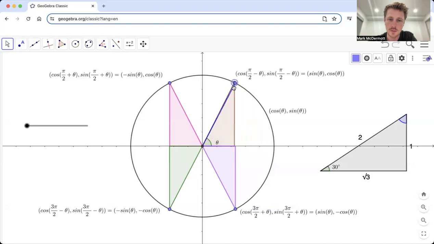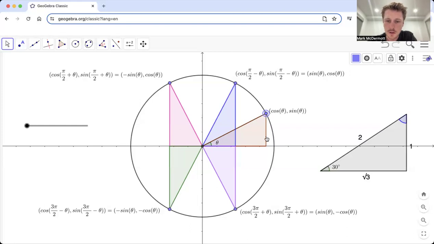So cosine of pi on 2 minus theta is the complement of that angle. Say this angle was 30 degrees, then this angle created here all the way around would be 60 degrees. Similarly, we've got the complement of the angle, pi on 2 minus theta, there as well.